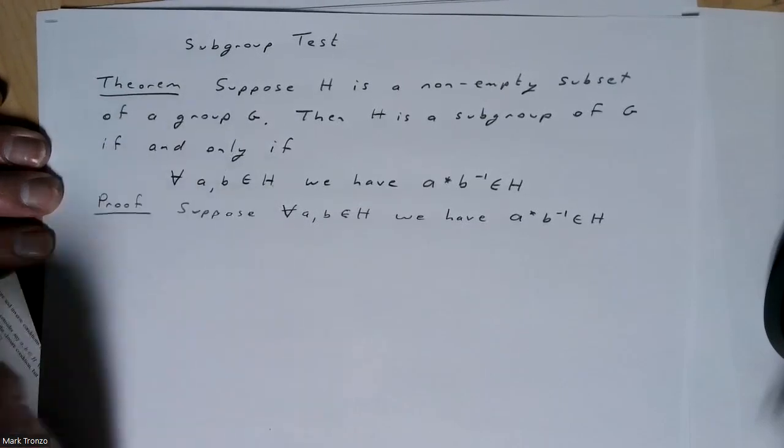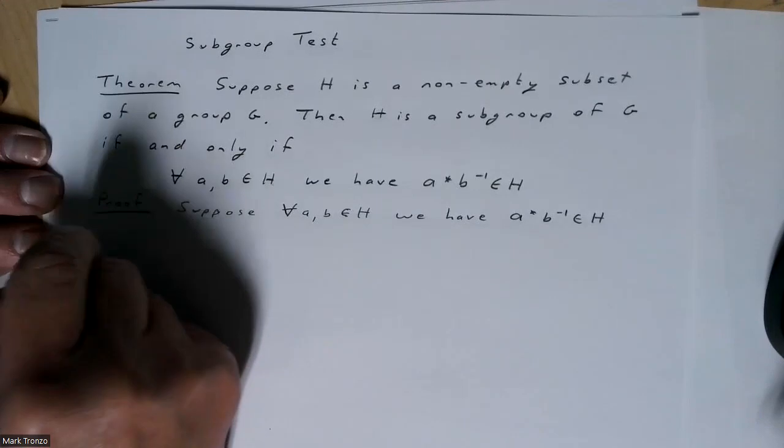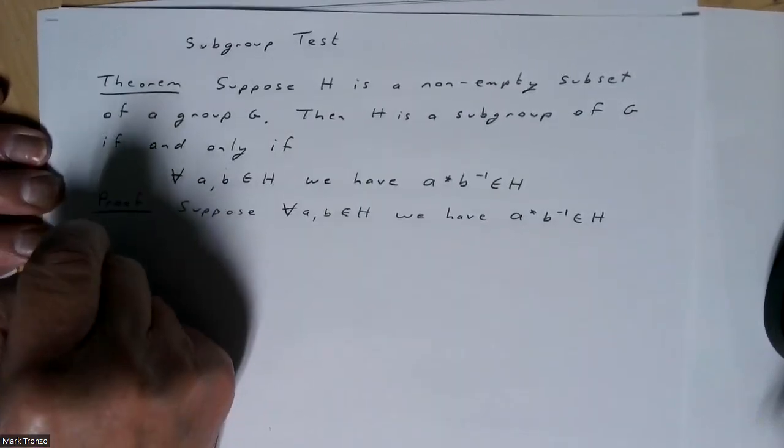And so let's try to show each of the things. Let's start with identity. We remember if something's a group, it has to have an identity. So we'll show that this implies that we have an identity.